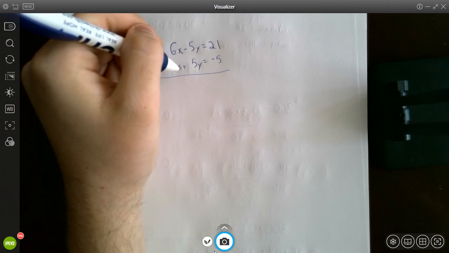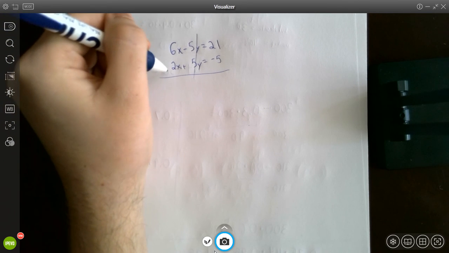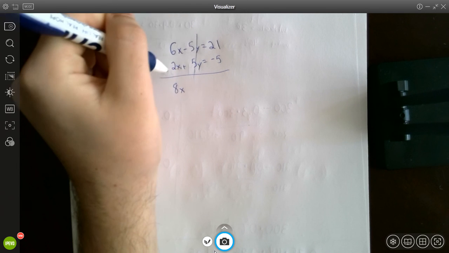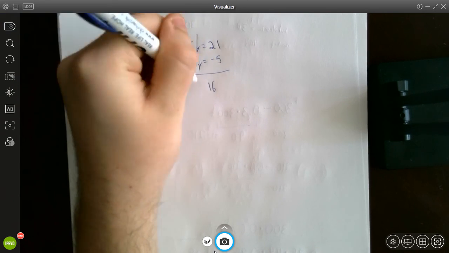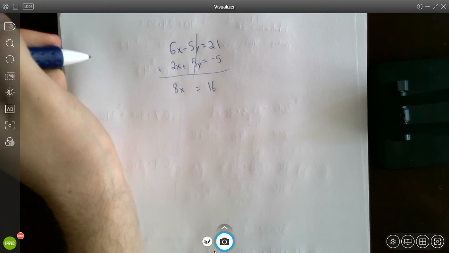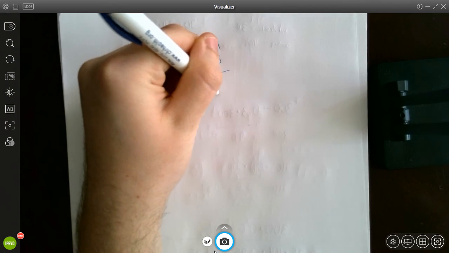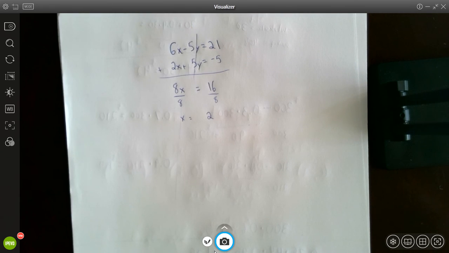Minus 5y and plus 5y are going to cancel out. 6x plus 2x is 8x, and 21 plus negative 5, or 21 minus 5, is 16. If we bring our equal sign down, we get a really easy equation to solve. From here, we find that x is equal to 2.